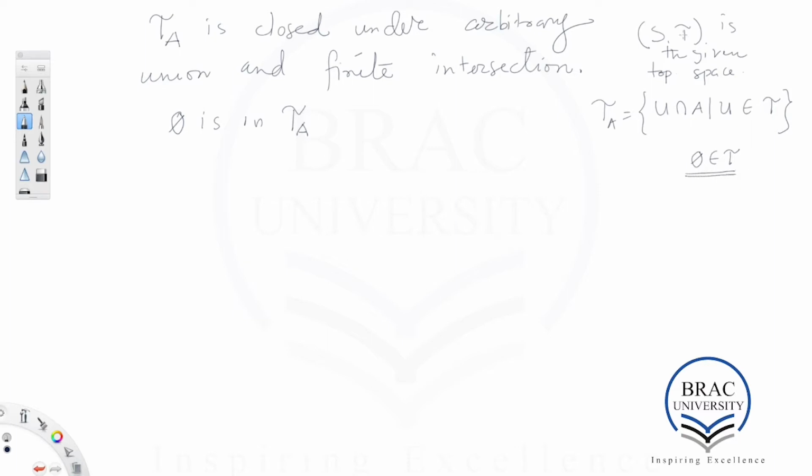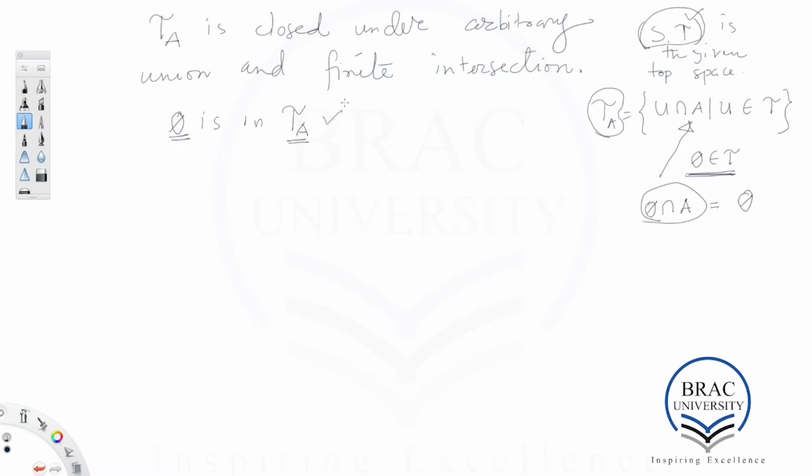Because this is a topological space, the empty set should be in this collection. So by the definition of tau A, this has to be there, and what is this? This is empty. So the empty set is in tau A as well.